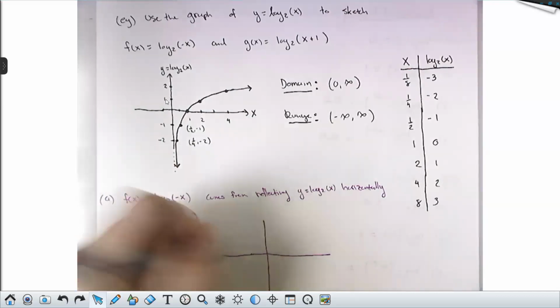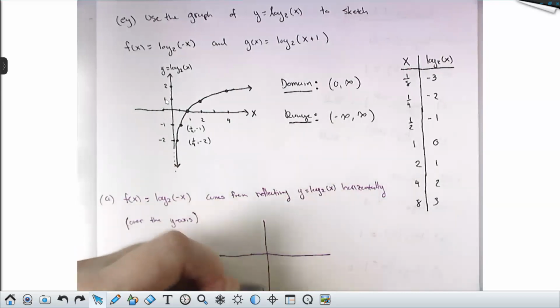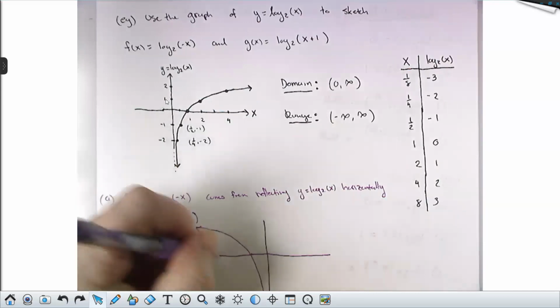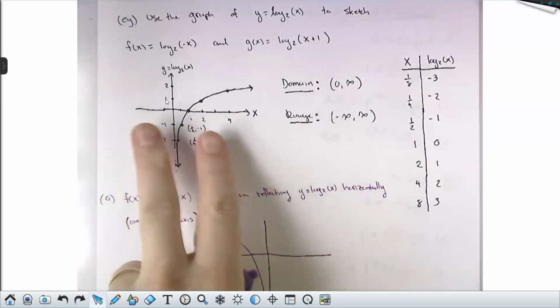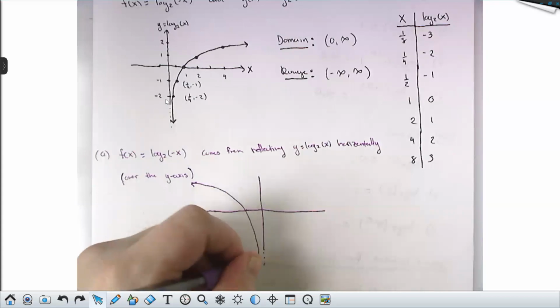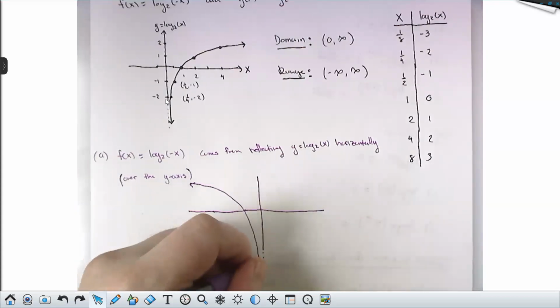We will plot some points, but we can say right away what this looks like. It looks like this. All right, I take this guy and I flip him over like that, and I get this guy. The vertical asymptote doesn't move. It's still the line x equals 0.